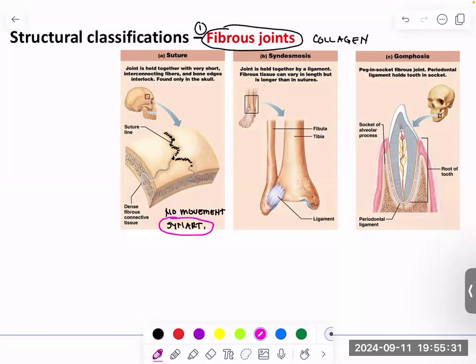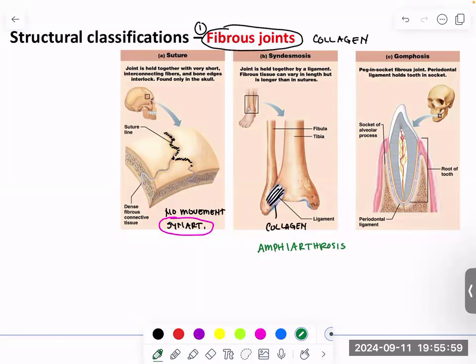This one is weird. Look at this one. This joint is made of long collagen ligaments, so it's made of collagen. But that one is designed to have a little bit of movement. It is not synarthrosis, folks. This one is amphiarthrosis.